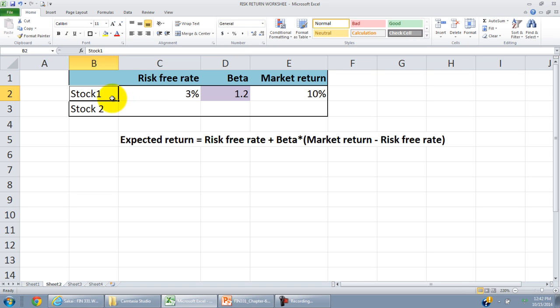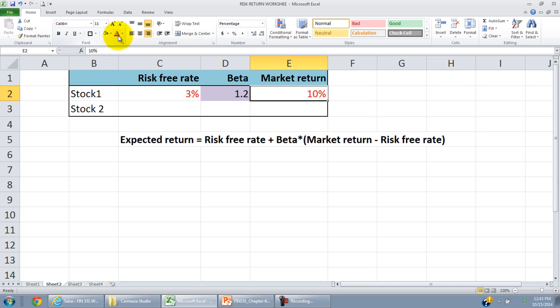So for example, for stock 1, what information we have is, in general, say the risk-free rate is 3%. The risk-free rate here could be like the treasury bond rate for 1 year, 3%. It's a market-driven number, right? You have nothing to do with the stock itself. Second, you have the market return of say 10%.